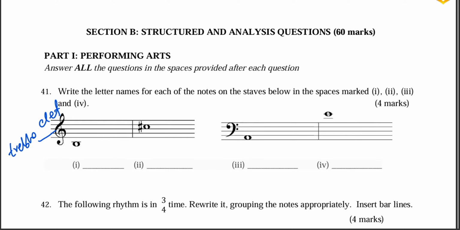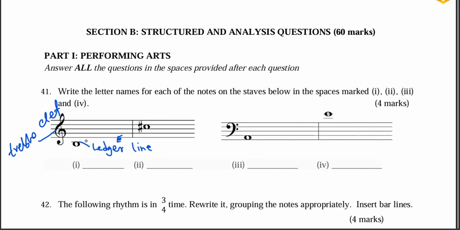On the treble clef, line number 1, which is the line at the bottom, is usually E. That line represents note E. Below it, this line that has been added here is a ledger line.